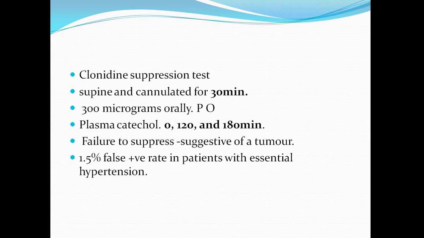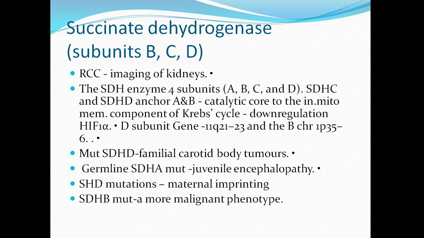Then you give 300 micrograms of clonidine orally, and you take catecholamine levels at 0, 120 and 180 minutes. So failure to suppress is suggestive of a tumor, but it could have a false positive rate, though it's quite low. So it could be falsely elevated in patients with hypertension, even though it's very, very low.